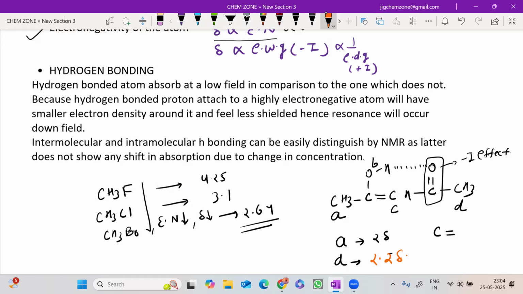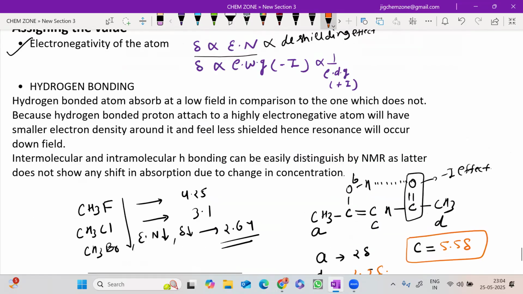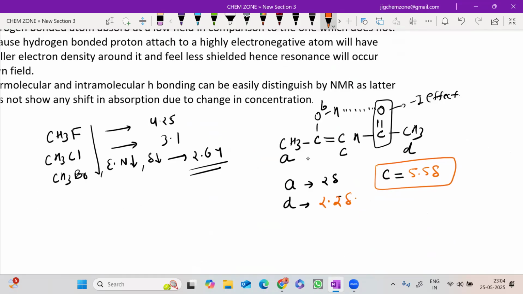Well, if you see, the C value came into the region of 5.5 delta. I told you in the chart, this is the olefinic region. So it is olefinic as well as impacted by minus I. So it is more towards de-shielded and downfield. If there were no minus I impact, this could have been approx 4.5.